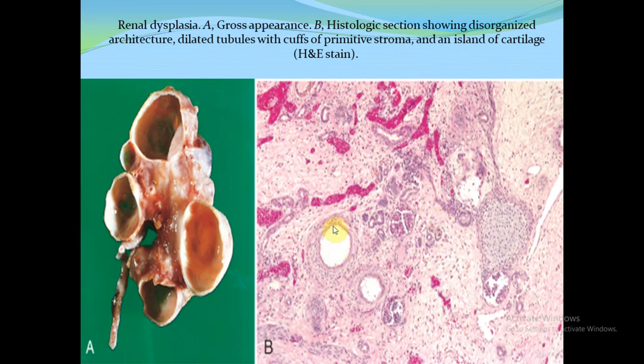Microscopically, it shows tubules forming cystic structures, and primitive stroma that contains a focus of cartilage. So this is renal dysplasia. The most important characteristic features are dilated tubules and primitive stroma containing cartilage.